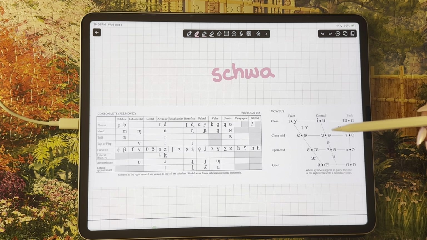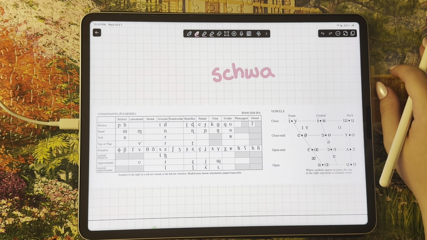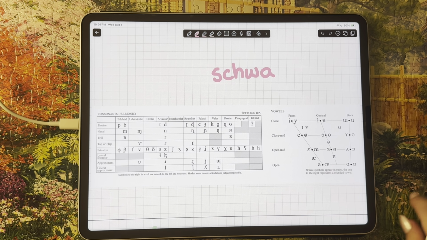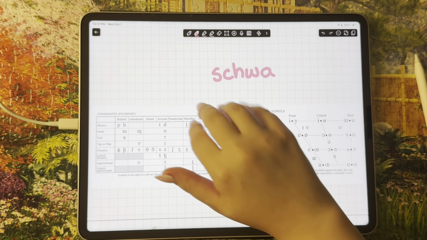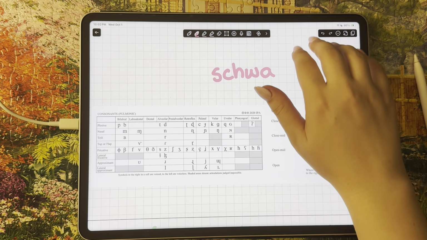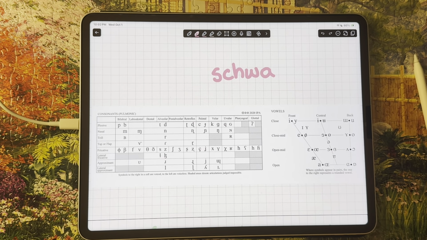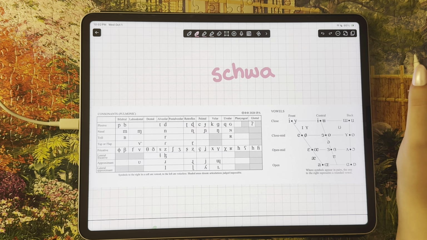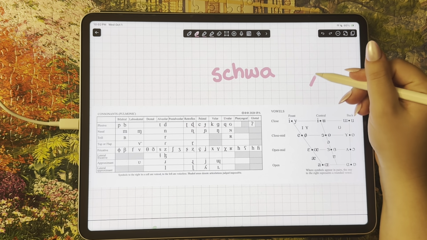I can't really think of one, even though there are so many. I'll think of one. Like in the word under, except that one is actually a caret.